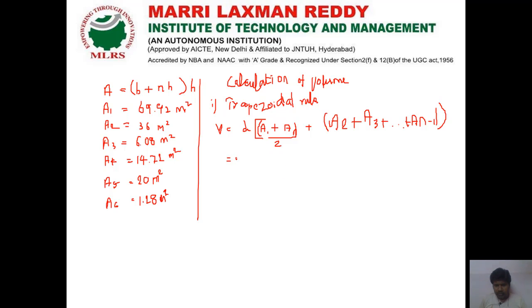So D is 20, and A1 is 69.92 plus AN 1.28, divided by 2, plus the remaining values: 36 plus 6.08 plus 14.72 plus 20.